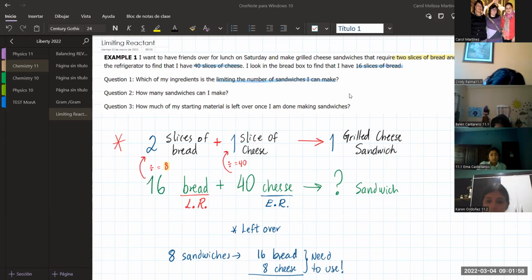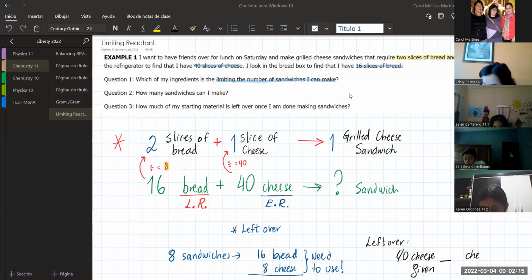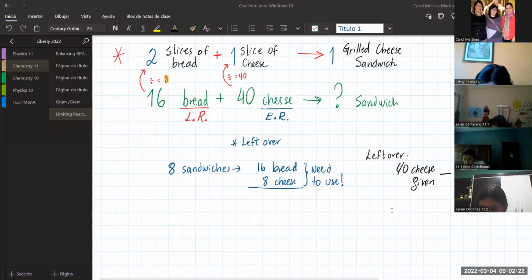The leftover is going to be from the 40 cheese given minus the amount that you used. How much did you use? You used 8. So 40 minus 8 gives you 32 cheese as the leftover.